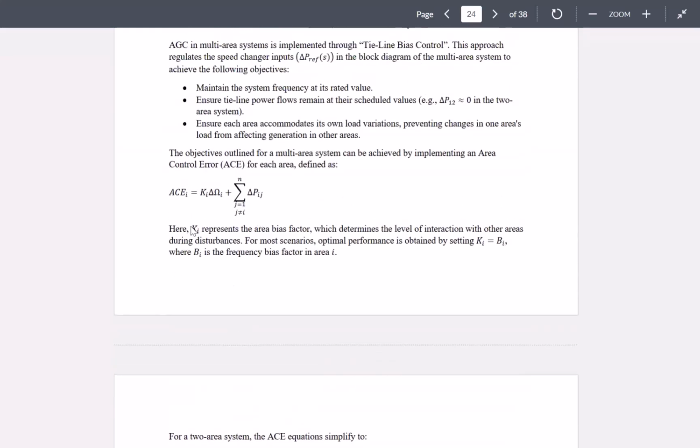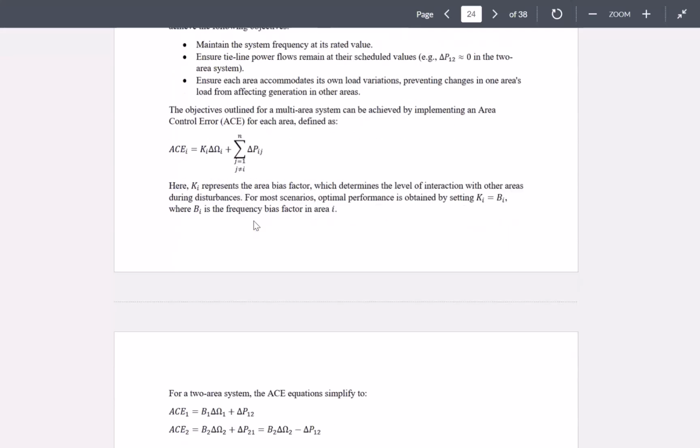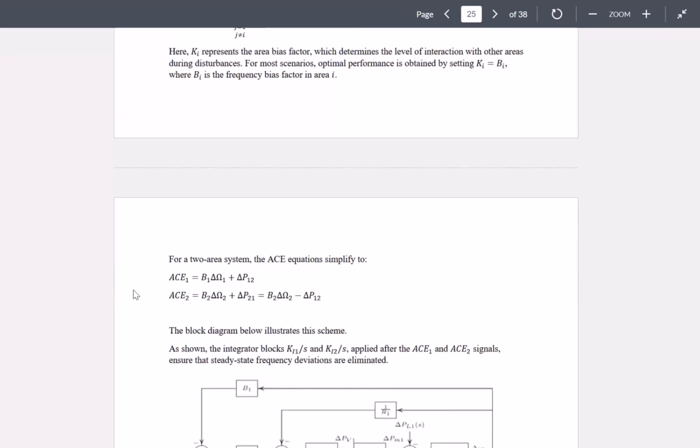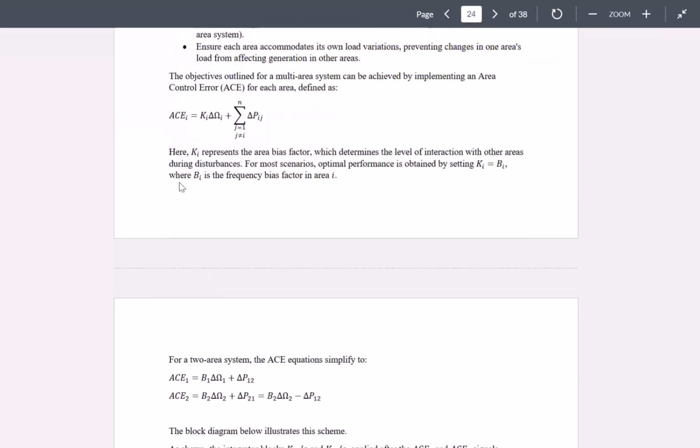So area control error for each area is going to be found based on, in general, some gain times the change of frequency in that area, plus the sigma of the changes of transacted power between that area and other areas in the system. For the case of a two-area system, that translates to ACE for area 1. And that gain that I just showed you, KI, is usually the same as BI, area bias control.